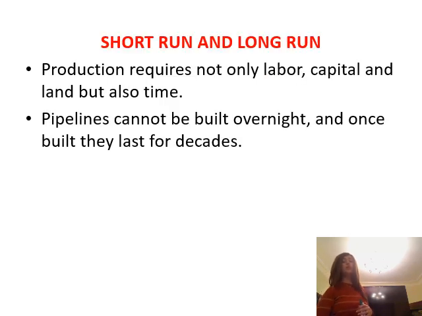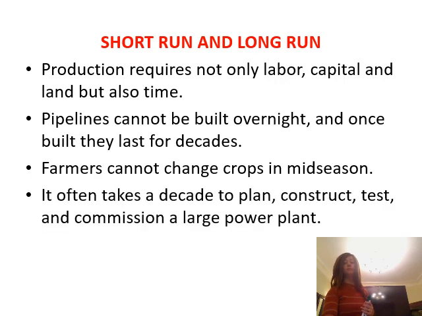As we said, in economics, we need to differentiate between short run and long run. Usually the short run is the time period where you cannot change all the factors of production, where some factors of production are constant and some other factors or inputs are variable. Why is this the case?